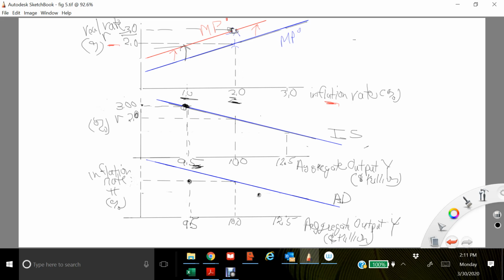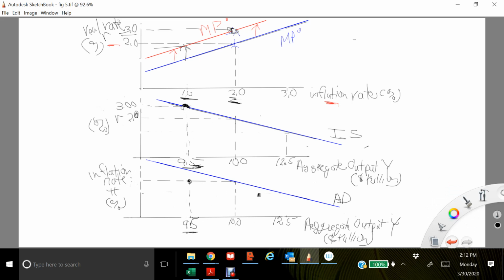We read off our real rate of 3% on the IS curve. That gives us our new equilibrium output of 9.5. So the new point in the aggregate demand space is 9.5.